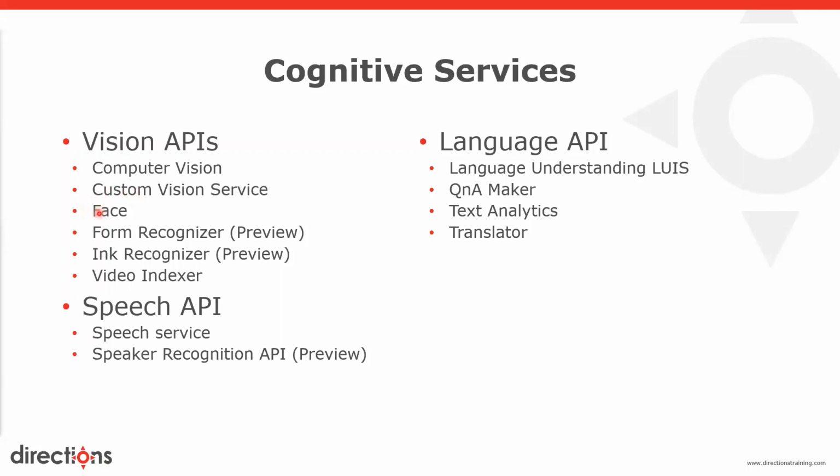Besides that, also the face recognition, giving us features such as the age, the emotion, if they are wearing some accessories like hat, helmet, sunglasses, etc. Part also of the vision is the form recognizer and the ink recognizer. They are still in preview.